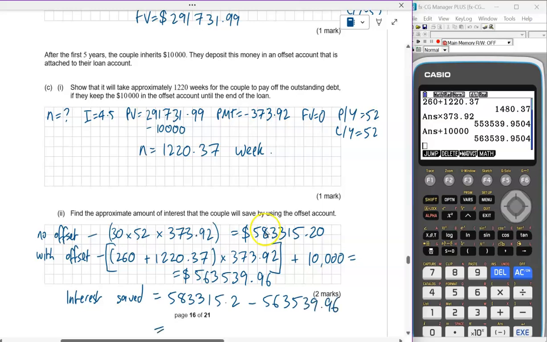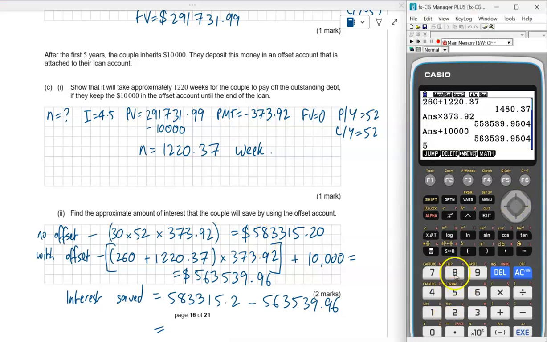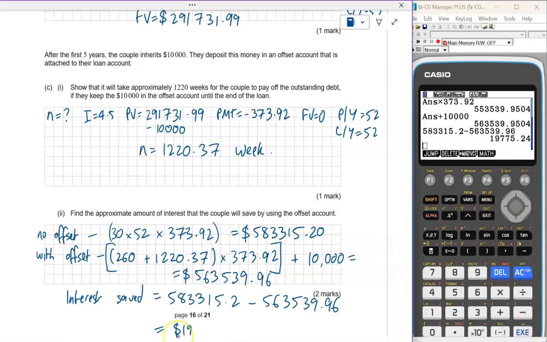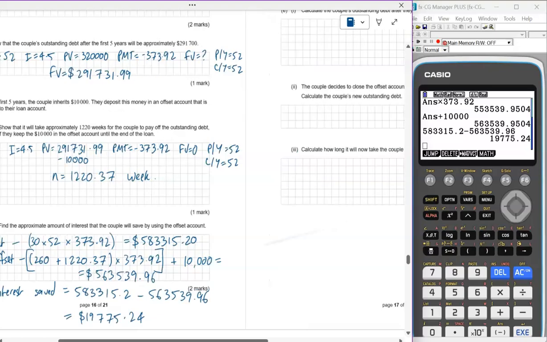Let's work out how much interest they would save with the offset account. 583,315.20 subtract 563,539.96. So they would be saving $19,775.24 with the offset option.